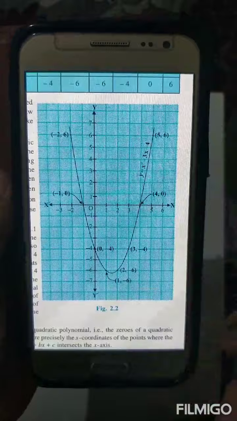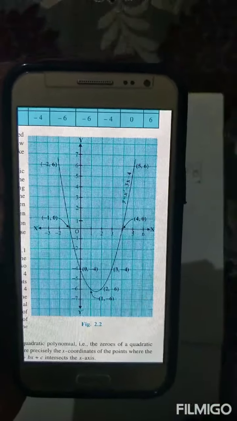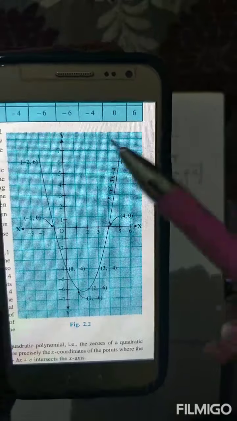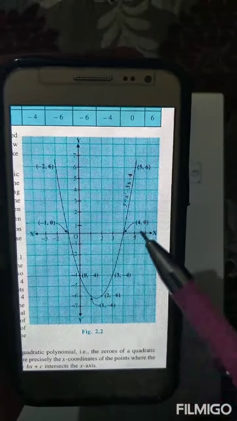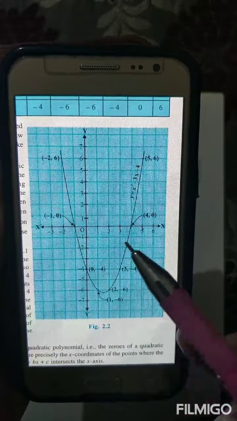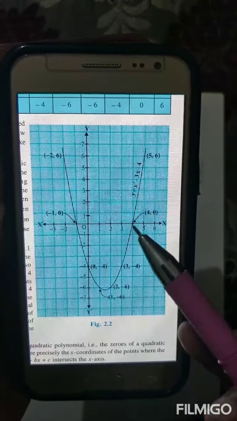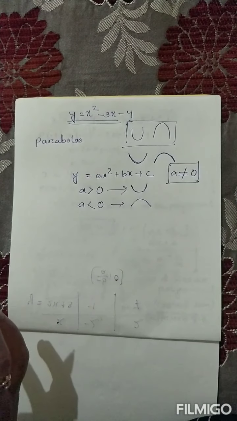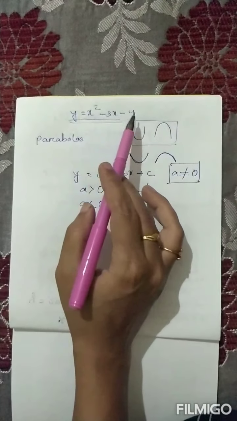But in the case of a linear equation, it intersects only at one point, because that is a straight line. Here the points are -1, 0 and 4, 0. So we get two roots or two zeros of this equation.